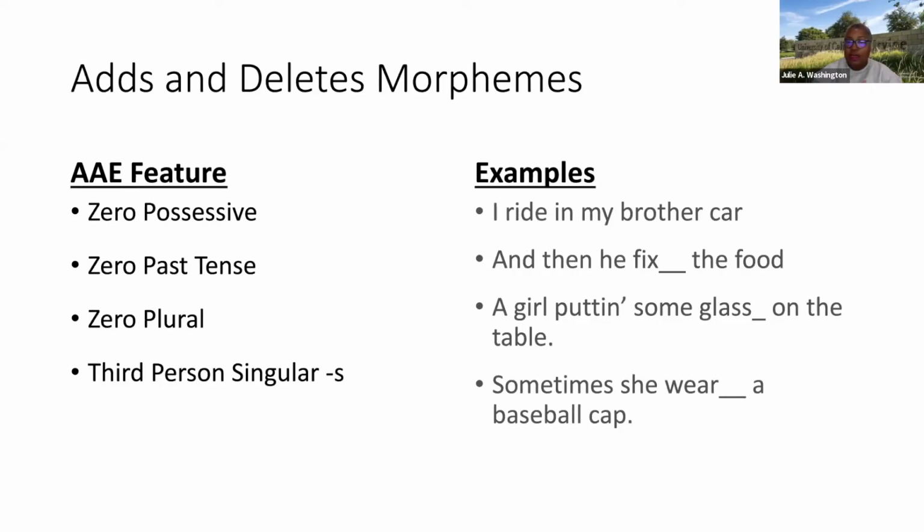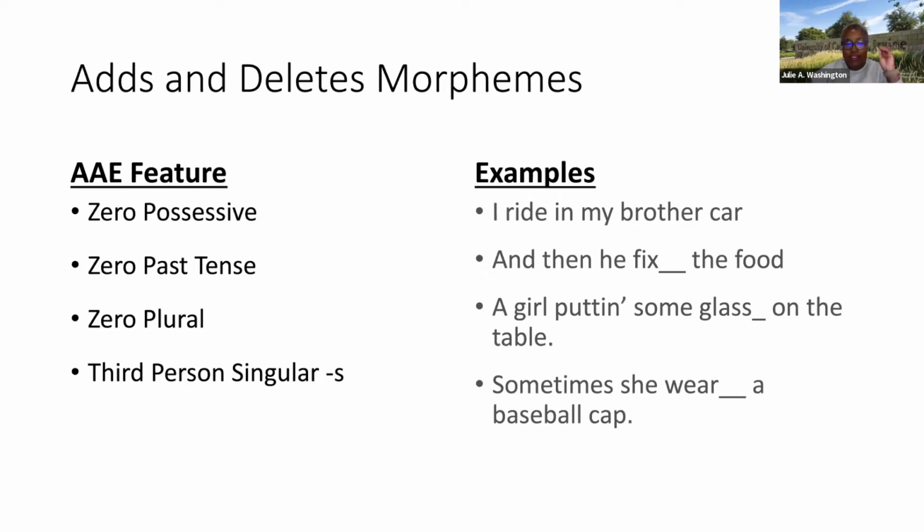These are just examples of African-American English. It is not an exhaustive list, but it's the major characteristics and what they do to English. African-American English adds and deletes morphemes. You'll notice this list of morphemes, I include these because every S is impacted.